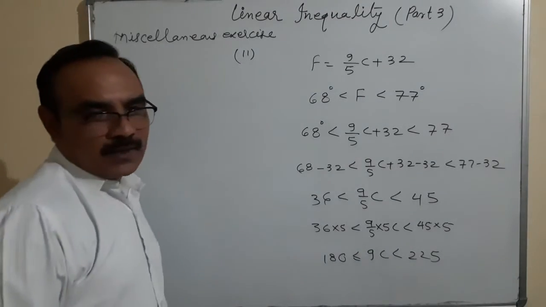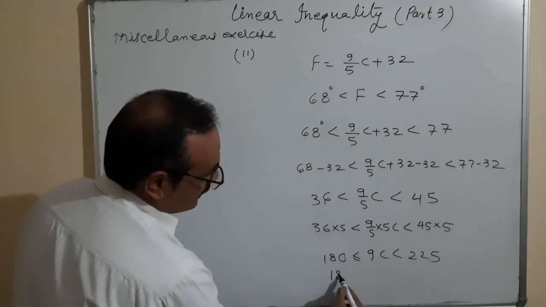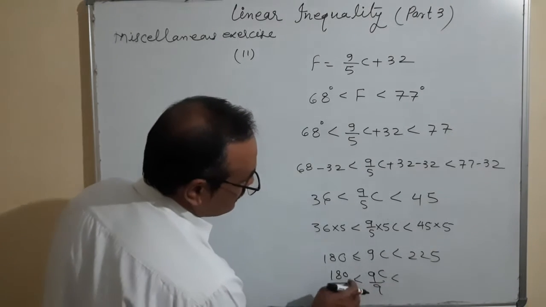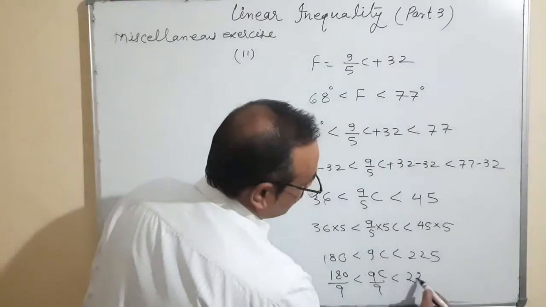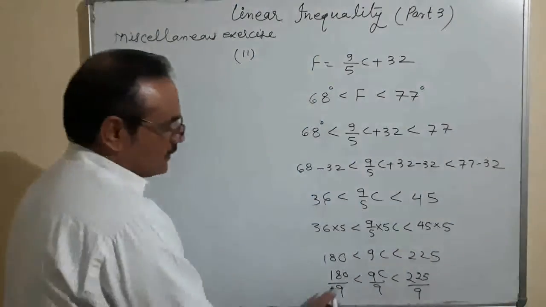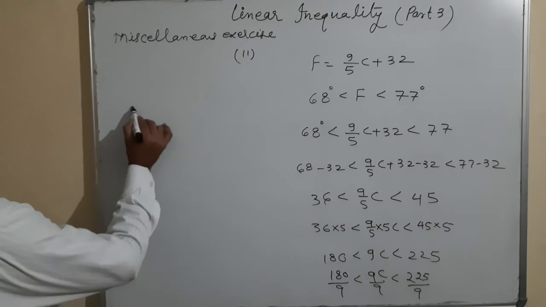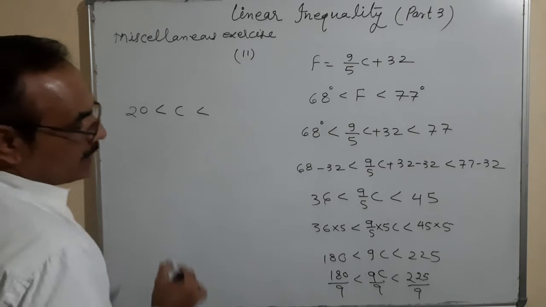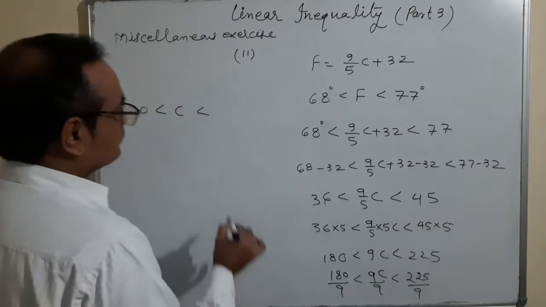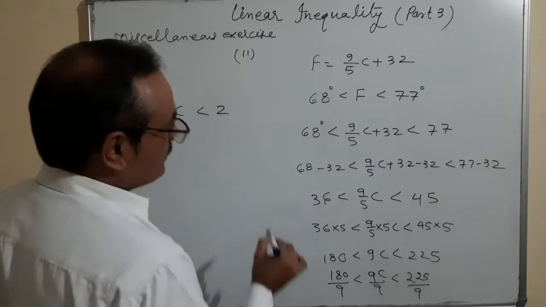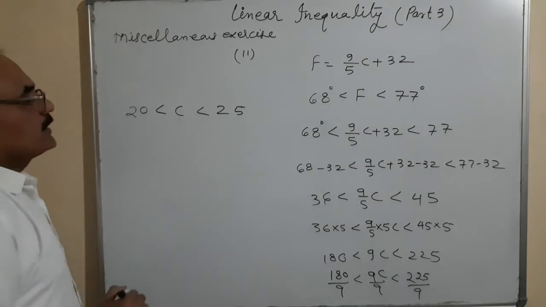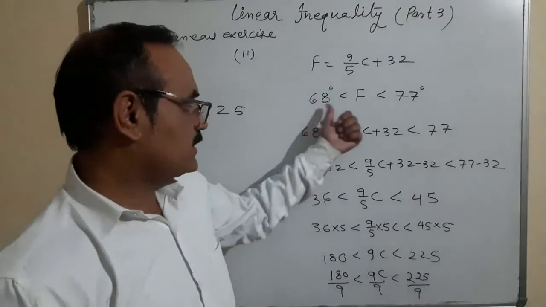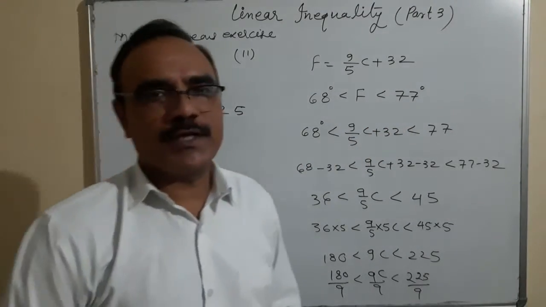Now we want to eliminate 9, so 180 upon 9 is less than 9C upon 9, which is less than 225 upon 9. So 20 is less than C, which is less than 25. That means the degree Celsius lies between 20 and 25. If the Fahrenheit lies between 68 and 77, the degree Celsius lies between 20 and 25. Clear?